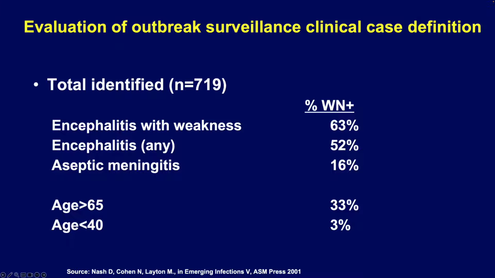And it also helped other jurisdictions who needed to set up surveillance systems for West Nile virus, giving them an easier time and some insights about how best to do it more efficiently. So it's an example of how you can disseminate conclusions and recommendations based on an evaluation that might be useful to you going forward as well as other jurisdictions.